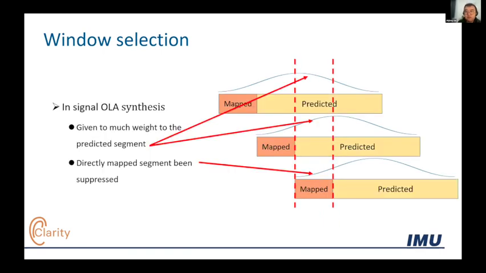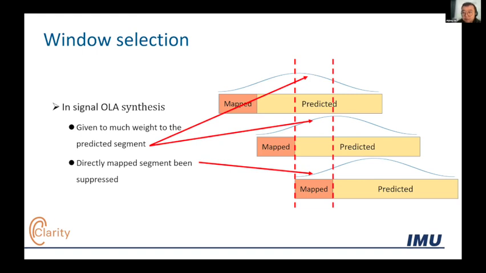Moreover, in inverse STFT, in the process of signal synthesis using overlap and add, the symmetric window function results in more weight being given to the predicted signals instead of the mapping signals.